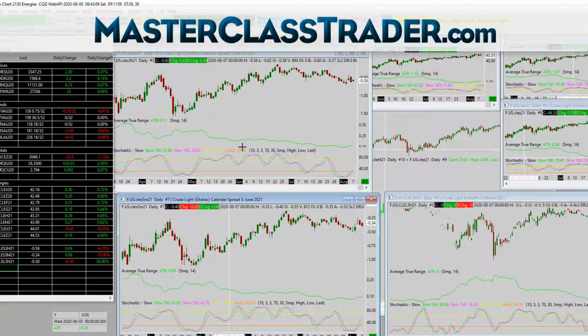So the short butterfly: sell March, buy June. And then the second leg: buy June, sell Sep. For a single butterfly, that would leave you short 1 in the March, long 2 in the June, short 1 in the Sep. Make sense?